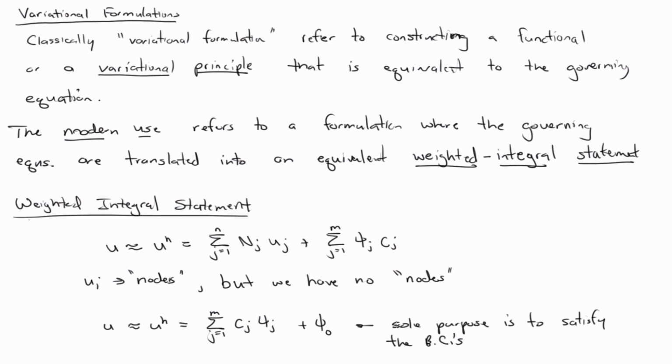So it's not really anything different. I guess I would say j equals 0 to M minus 1. But yeah, these two things are the same if I have no nodes. I just pulled that constant term out and said that this constant term is associated with the boundary conditions.